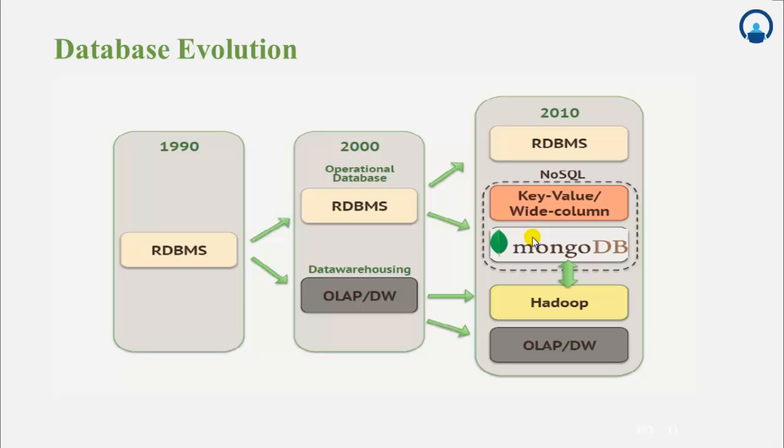Now, from 2000 to 2010, you actually had these further being split into RDBMS, NoSQL, MongoDB, which is going to be our prime subject for discussion today, and of course moving to Hadoop and OLAP and DW. So this is, in short, how database technology has evolved over the decades.